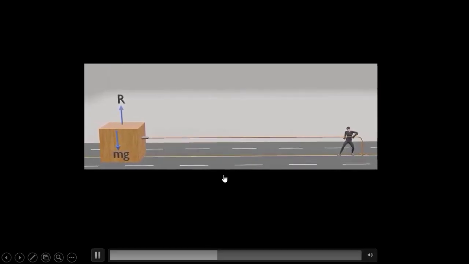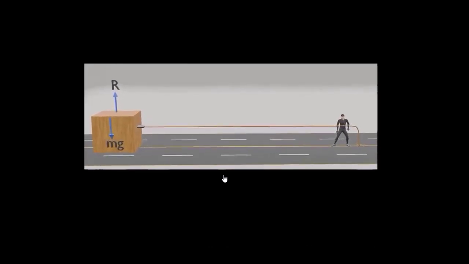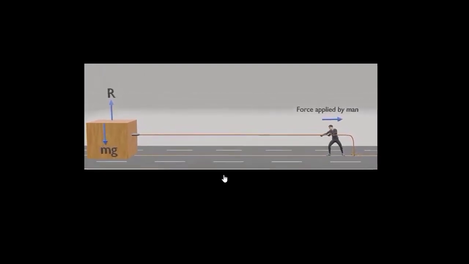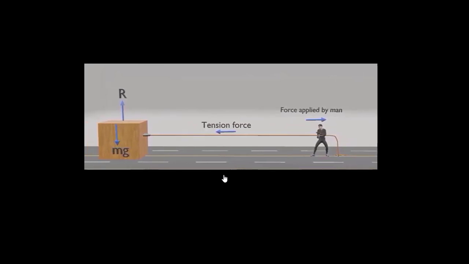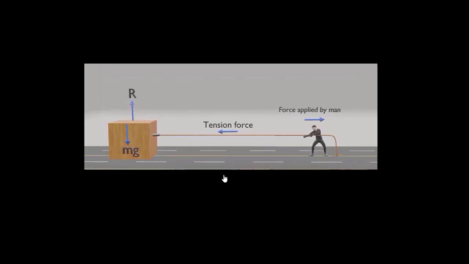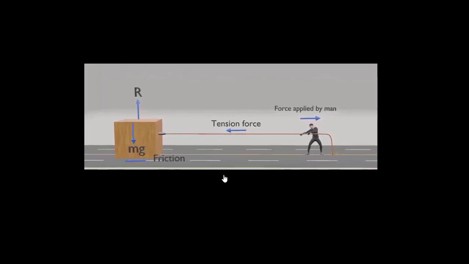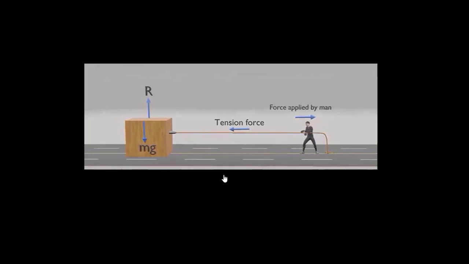Look at that, gentlemen. There is this force that is going to be experienced through the thread there. One person is pulling on this side, and then it is also experiencing another force on the extreme end. So you can check there that the force applied by the man is at one end. Then there is now tension force, and as we have said, that is the force experienced by those bodies which are used there.